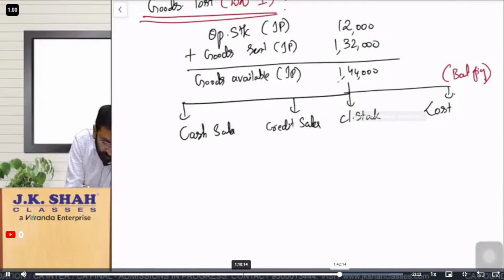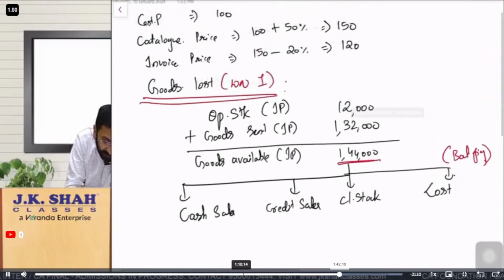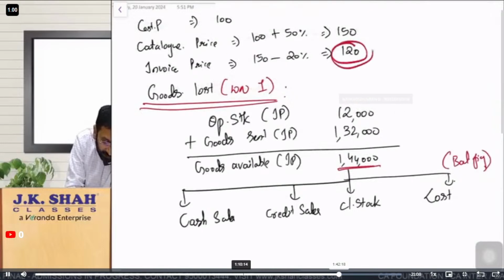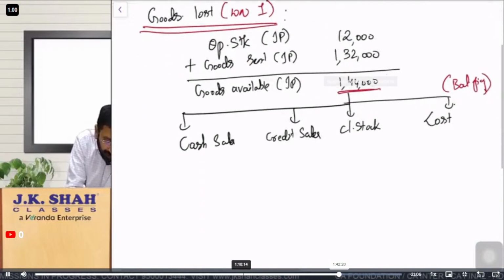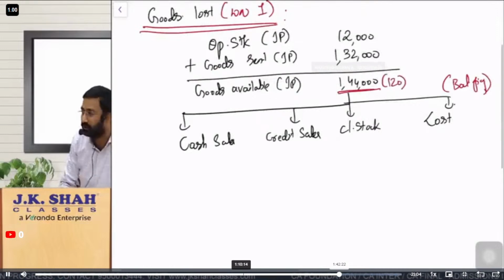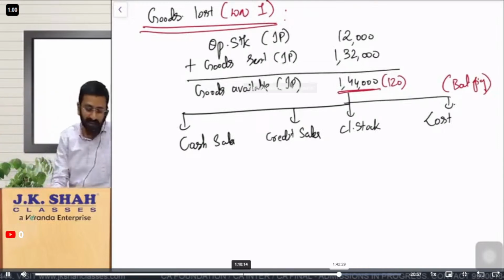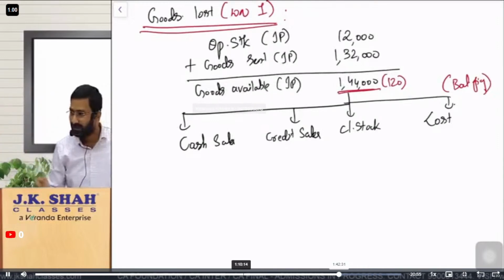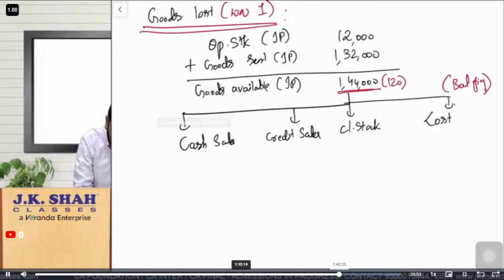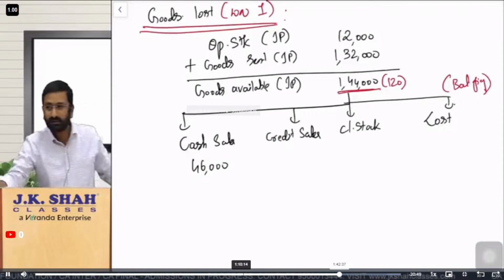This 144 is IP. In our assumption, IP represents 120 value. I want you to write this. Goods available 144 is IP, which is 120 value. Cash sales value is given in the question. In the first paragraph, it says cash sales are made at.